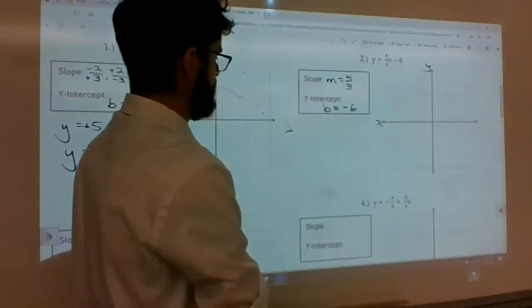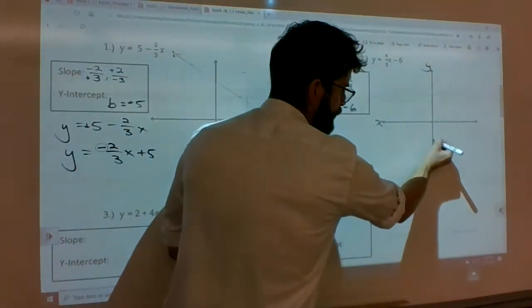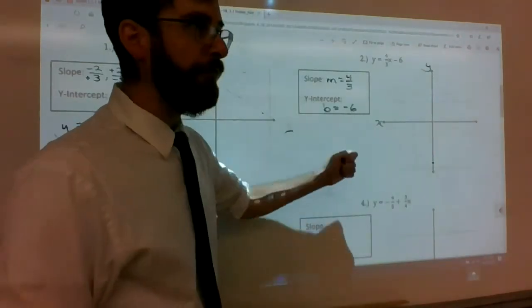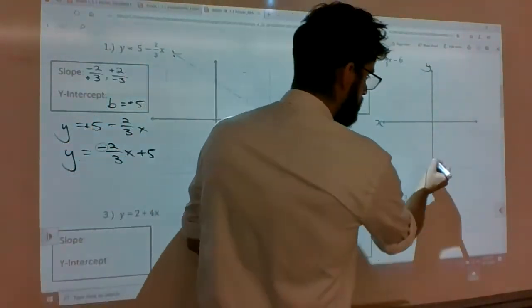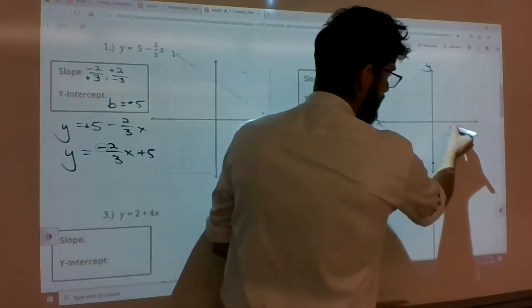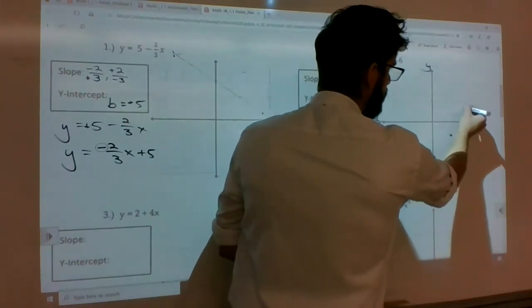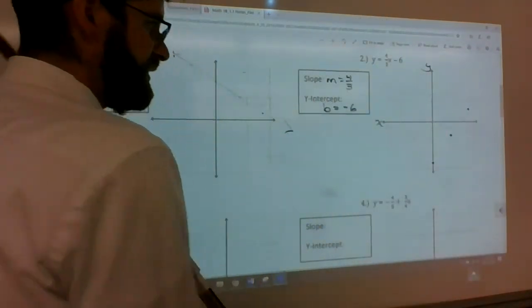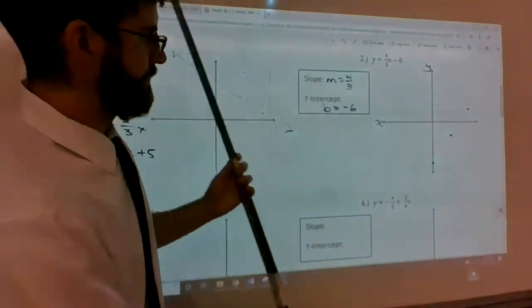This is my y-axis. Down 1, 2, 3, 4, 5, 6. Plot a point. Then go from that point up 4 units, right 3 units. And I'll do it again. 1, 2, 3, 4 over 1, 2, 3. Take your 6-foot long ruler.